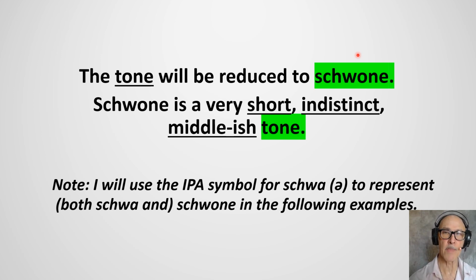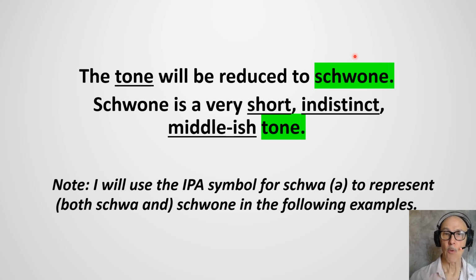I couldn't find one. So this is pretty obviously, I think, a combination of schwa and tone, because schwa and schwon really go together. So this is my own word for the name of this tone that usually is associated with schwa.